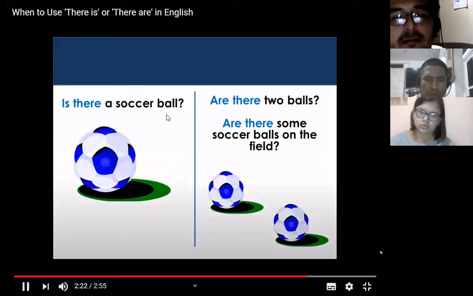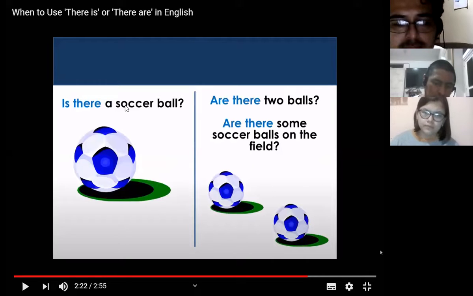And look at these examples, right? The same. First, the verb to be, then the word there, and then your noun. Verb to be, there, your noun.